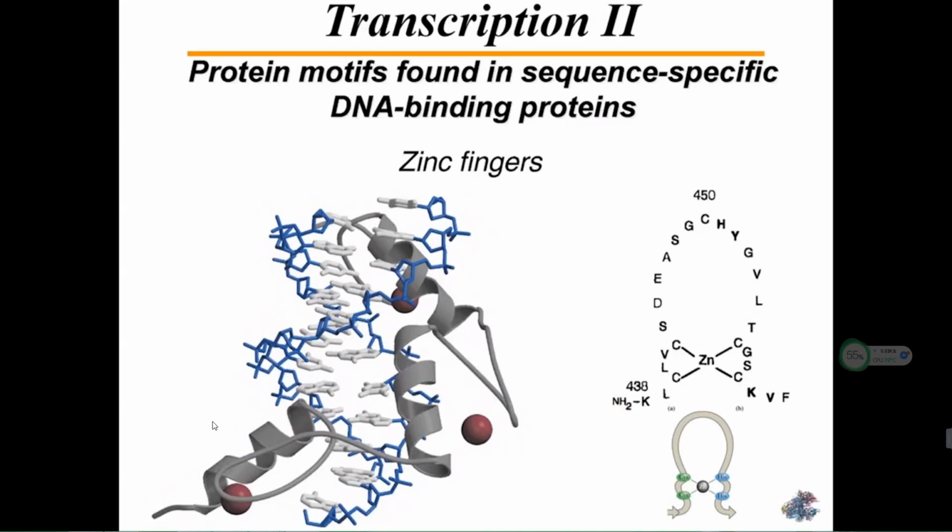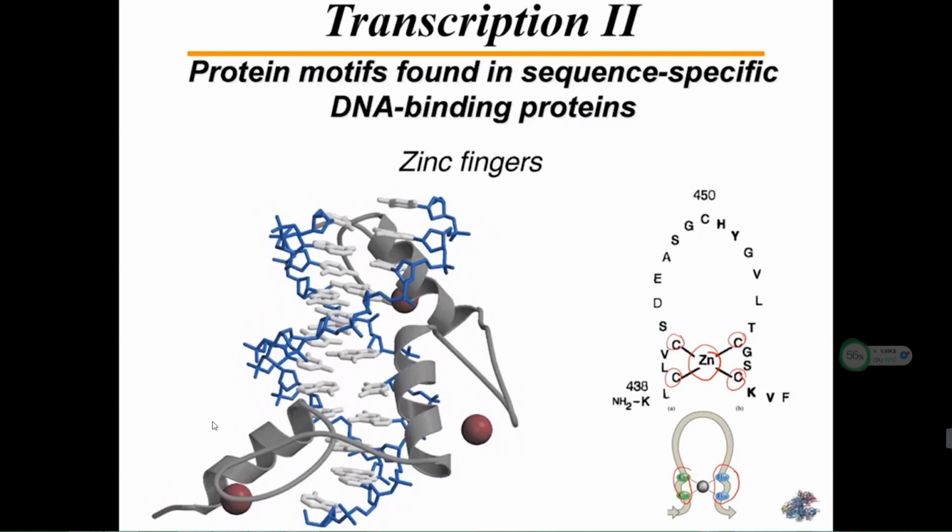Okay, through conserved sets of either two sets of Cs, so cysteine residues in the protein, or two cysteines and two histidines residues. Okay, so basically in these tandem sets of small domains, an alpha helix from each of the domain will make specific contacts with the edges of base pairs within the major groove.